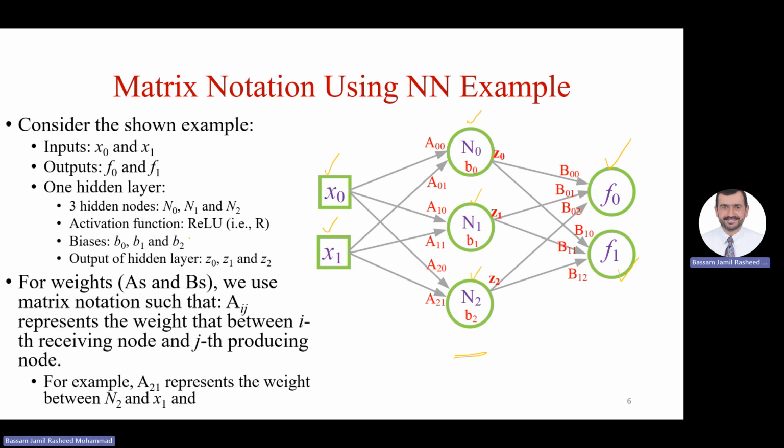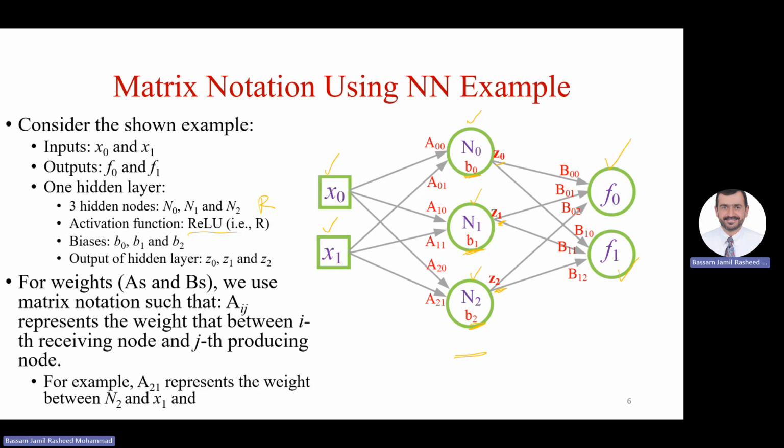We're going to assume a ReLU activation function, which I'm going to reference as R here. And we have biases, B0, sorry, B1 and B2. And we have the outputs coming from the hidden layer nodes, Z0, Z1 and Z2.